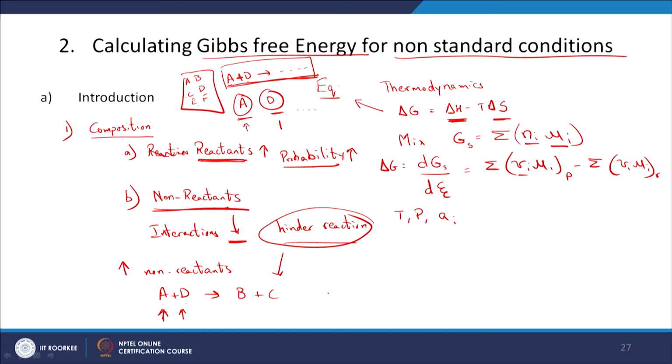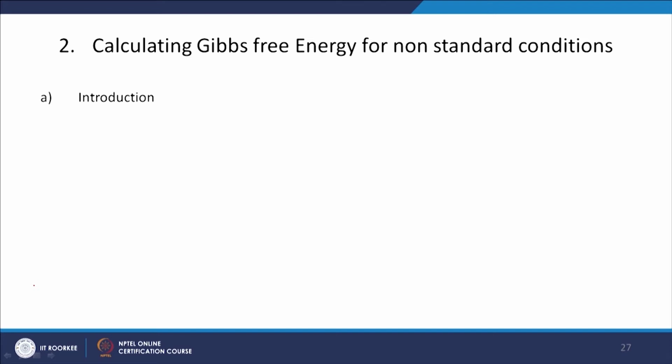But if there is a greater concentration of other non-reactants such as B, C, E and F, they are going to affect the interactions between A and D, and thus you are going to have hindrance to your reaction. Again, this is generic background that we are going to look at. So obviously the composition of your particular system is an issue, and let us see what else we have here.